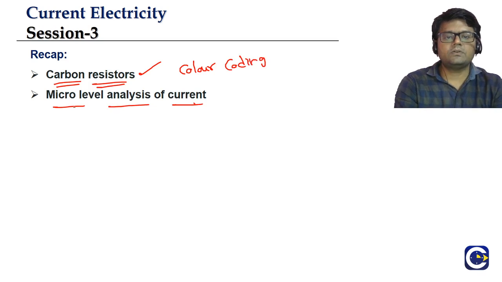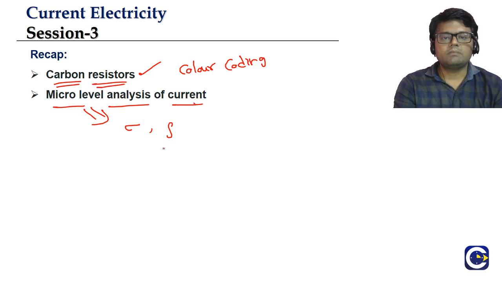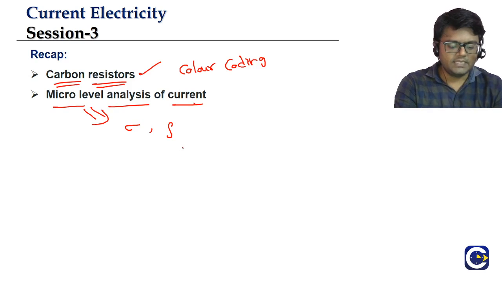And then we talked about how the micro level aspects of current will be discussed, like how the conductivity value or the resistivity value will be related to the micro level phenomena in terms of the electrons' movement. So this is what broadly we covered in the last class.